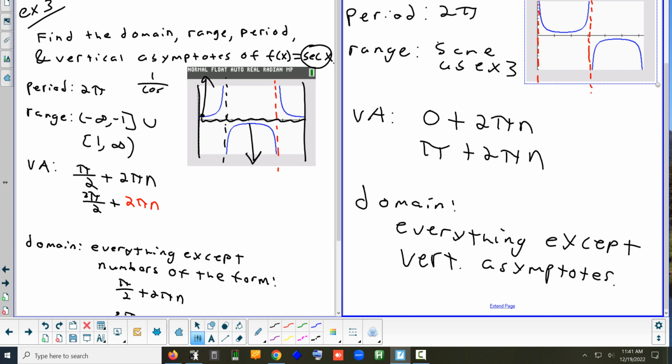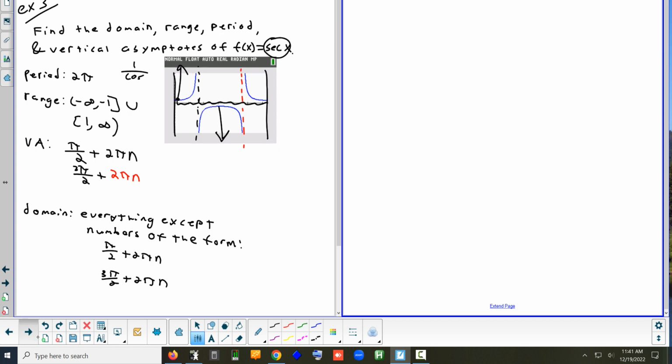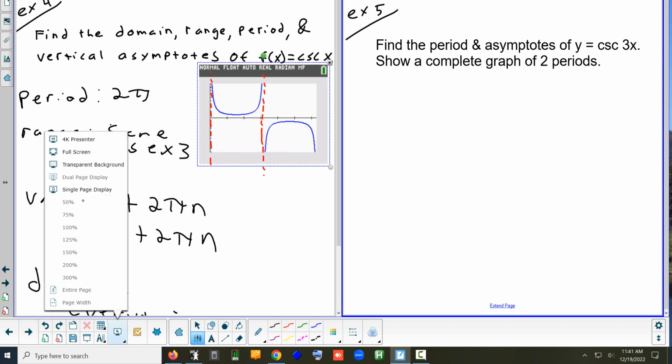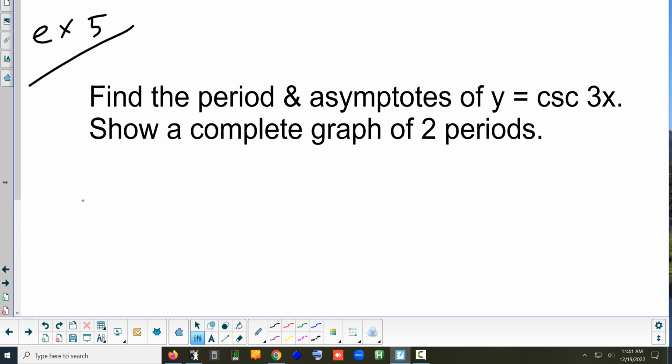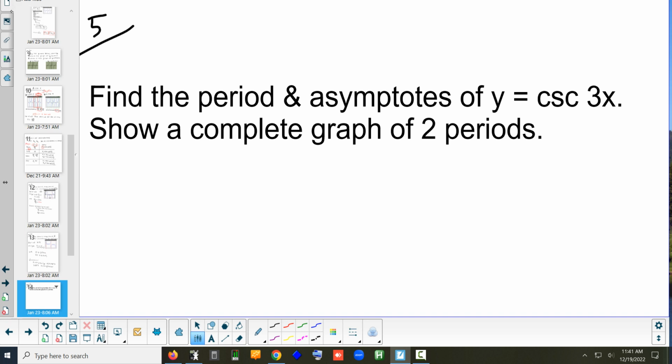So most of what we do with these graphs is you don't have to actually sketch anything by hand. It's mostly describing like what's the period, what are the asymptotes, show me a graph with 3 cycles on the screen, things like that. Okay, so find the period and the asymptotes and show a complete graph of 2 cycles.